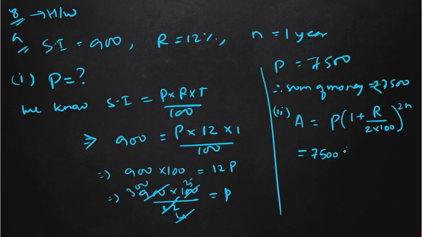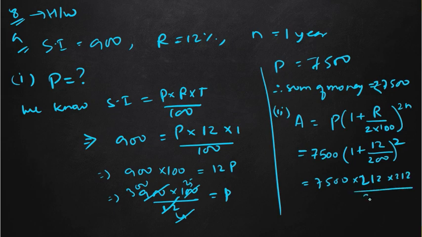Principal is 7500 into 1 plus R by 200, where R is 12, power 2 into 1, that is 2. So this will be 7500 into 212 into 212 divided by 200 into 200, if you take the LCM.